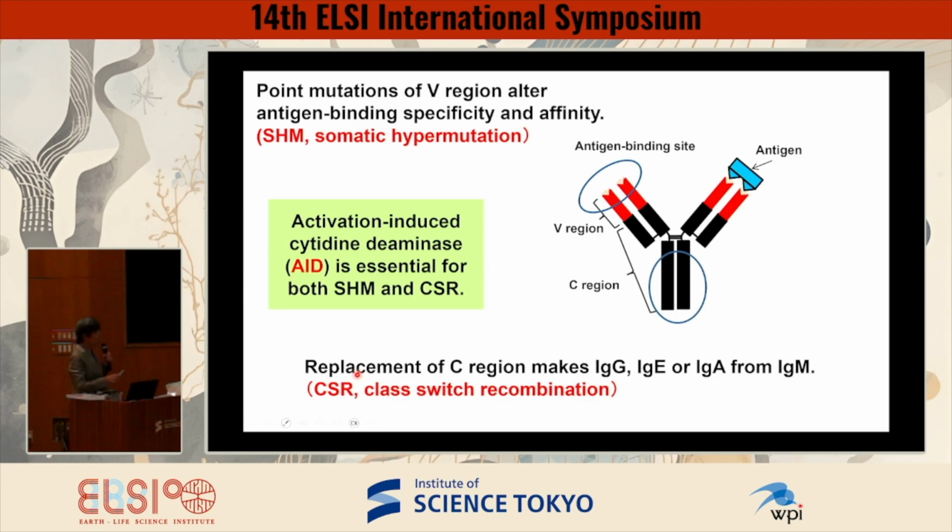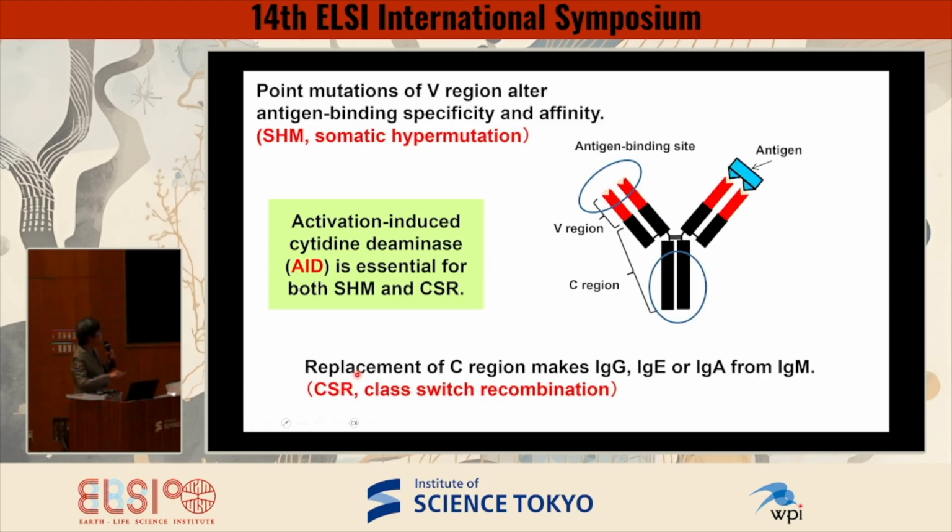This is a system to introduce positive mutations in the genome. Then the mutated gene can make a different shape of the Y-tip antigen binding site. That's why the binding specificity and the affinity are changed.